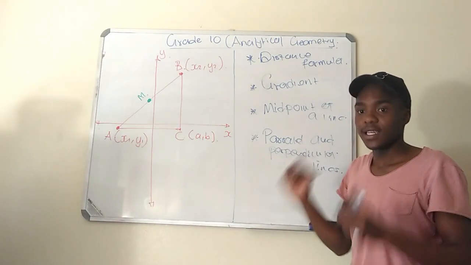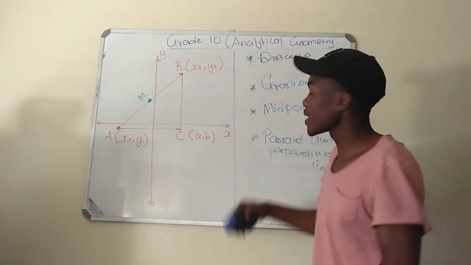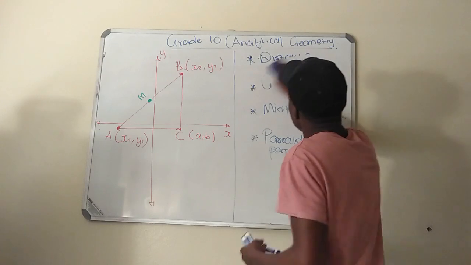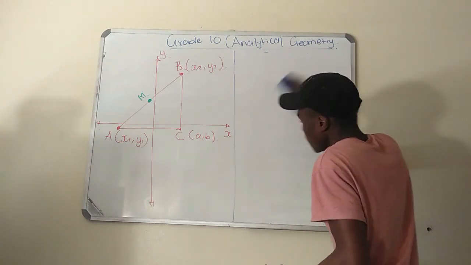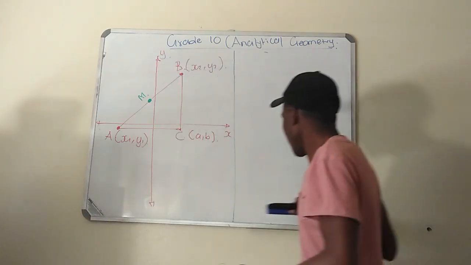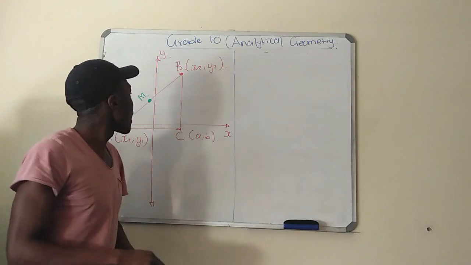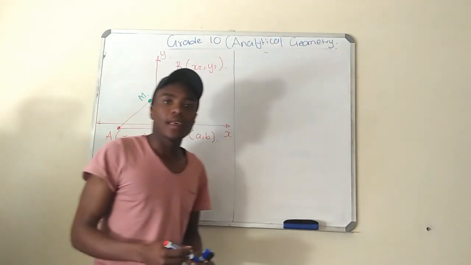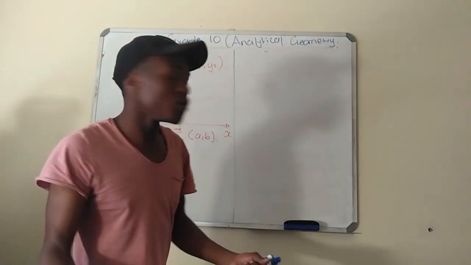Analytical geometry grade 10. Let me start by erasing this part and finding the length between 2 points. If you open your textbooks, you will see the distance formula for finding the length of a line, or the distance between 2 points.